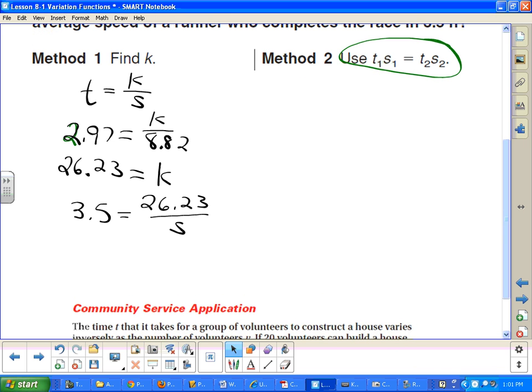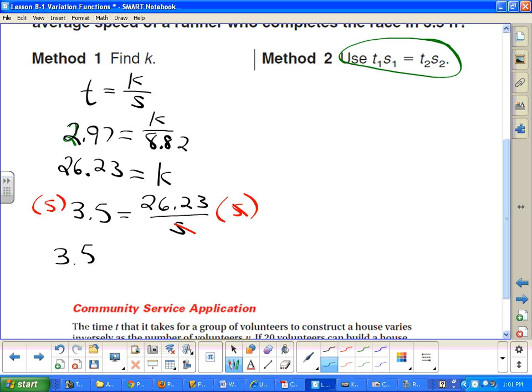The problem is that our variable is in the denominator, right? So we need to get the variable out of the denominator. To do that, I need to multiply by it, okay? So we need to multiply both sides by s. Now that gets the s out of the denominator. So now we have 3.5s is equal to 26.23.